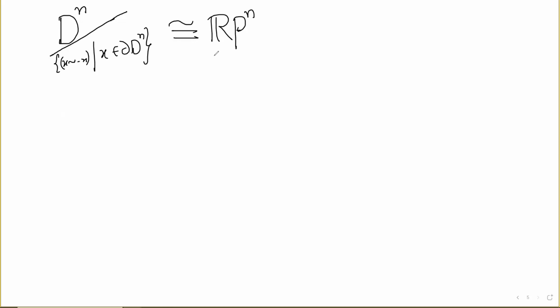That's the question. So again, this is an exercise in quotient topology. Maybe you should define the real projective space. We should have one clear definition of the real projective space.